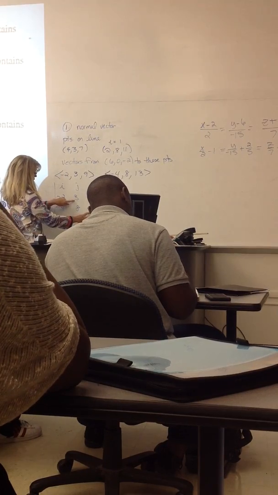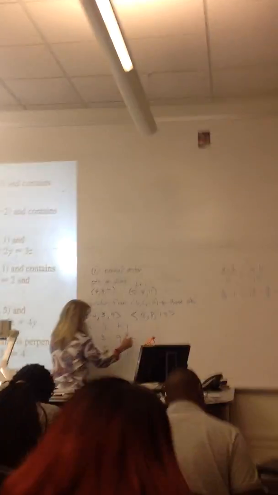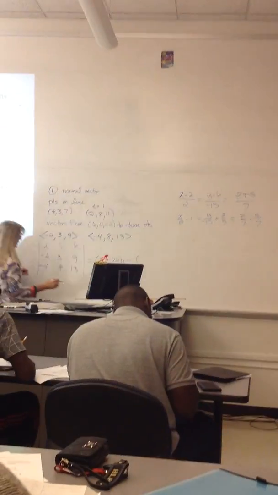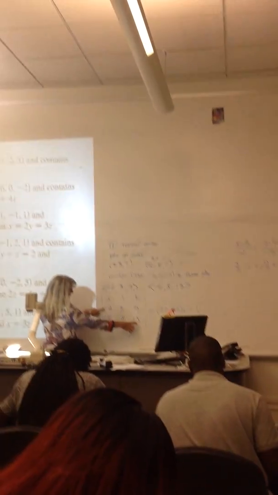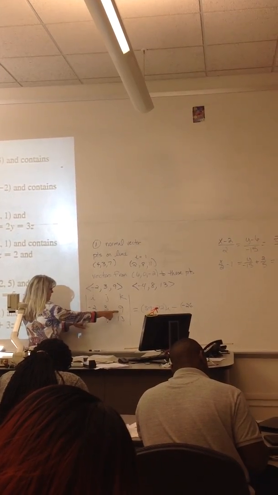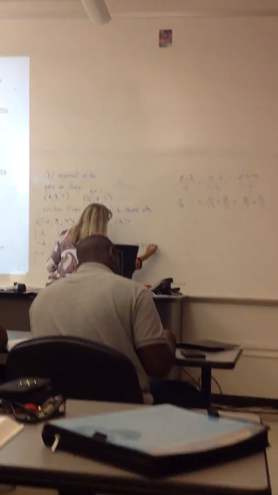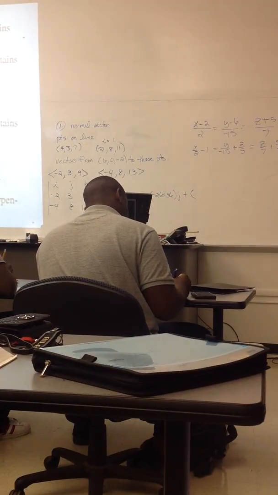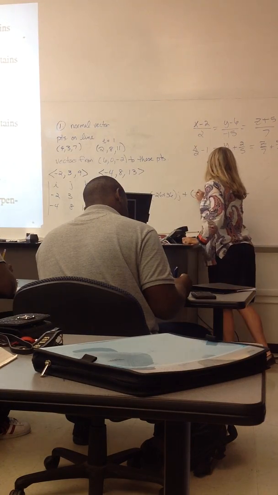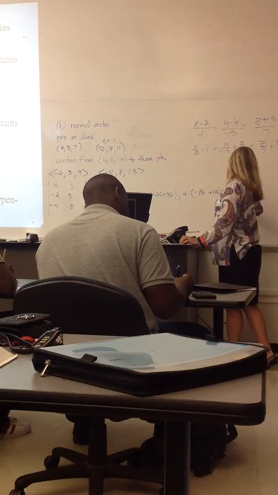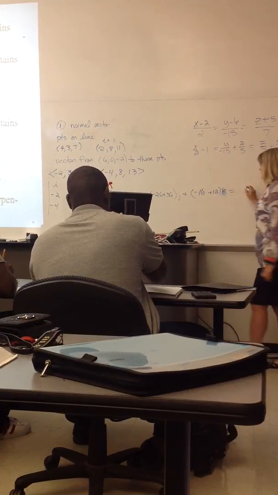So I will get 39 minus 72, and then we will get negative 26 plus 36, and then negative 16 plus 12. Which one's T1? What's that one? T2.